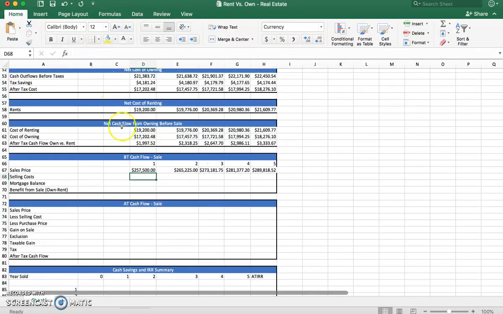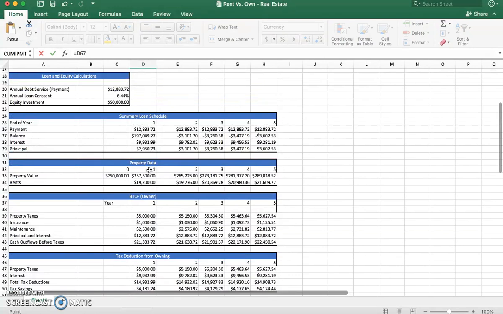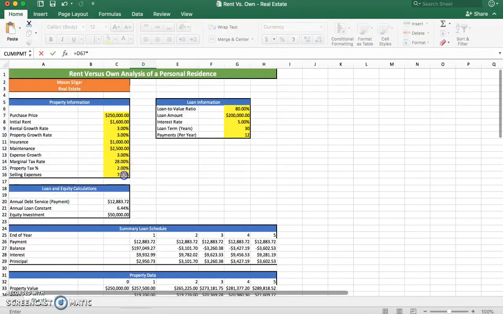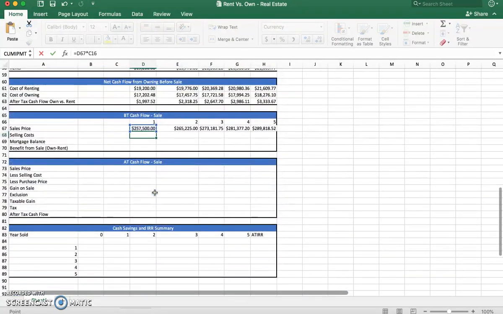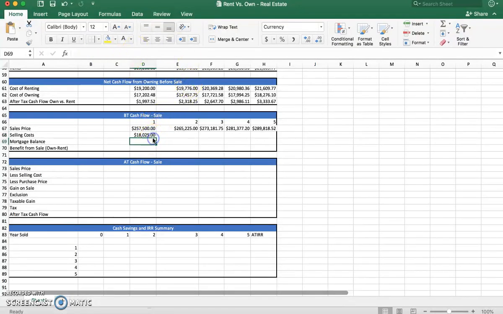Actually, before we do that, we need to go in, oh, excuse me, let's try that again. Times, okay, so we'll go into this equation and lock down that percent so it doesn't move. Okay, now we should get a legitimate number in every year.